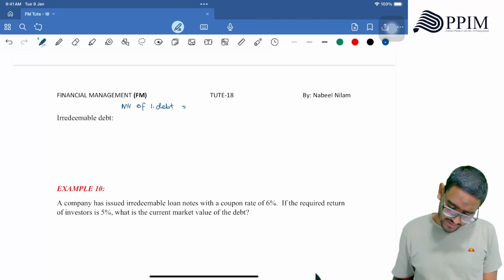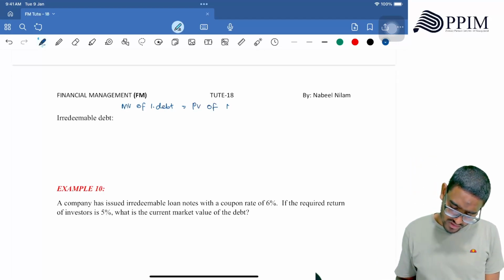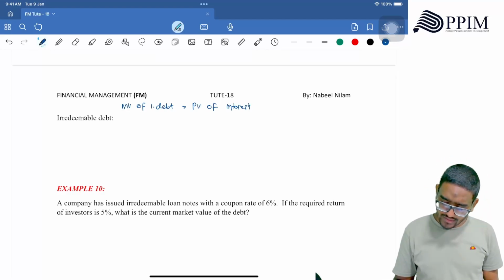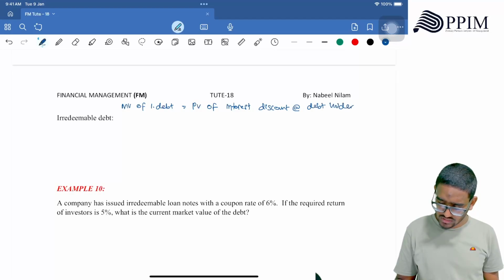The present value of returns, so the present value of interest. And here you will discount at debt holders' required rate of return.